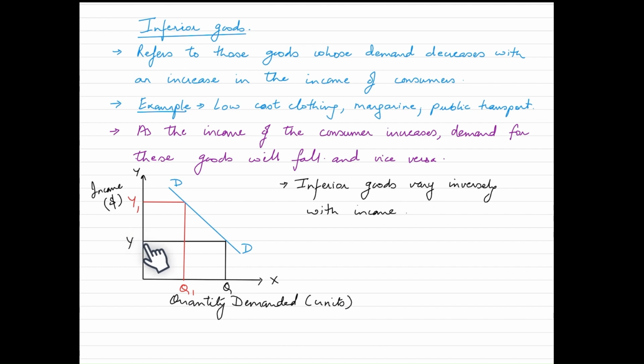And since fewer goods would be demanded at higher income levels, you would see a downward sloping demand curve, indicating that inferior goods would vary inversely with income. So when there is a positive relation between the type of commodities and income, those goods are considered as normal goods. When the relationship is inverse or indirect, those goods are considered as inferior goods.